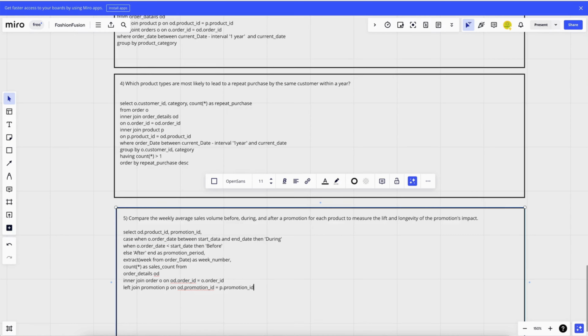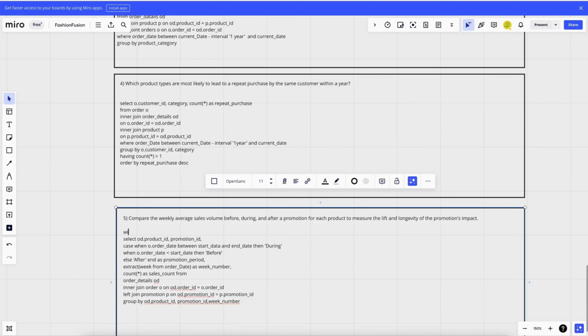Join with the order detail table for the promotion ID and do a group by on product ID, promotion ID, and the week number. So this should give us during, before, and after promotions and the sale count.